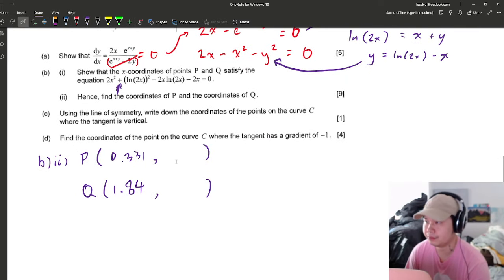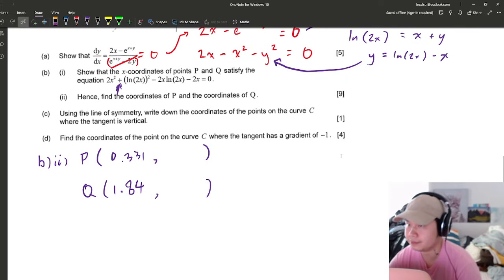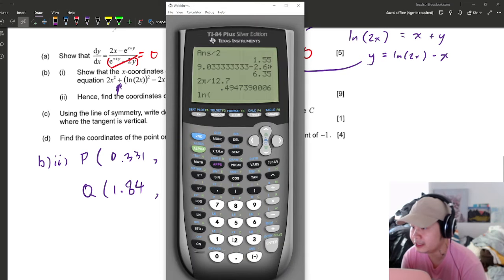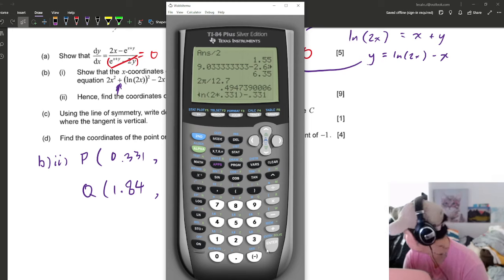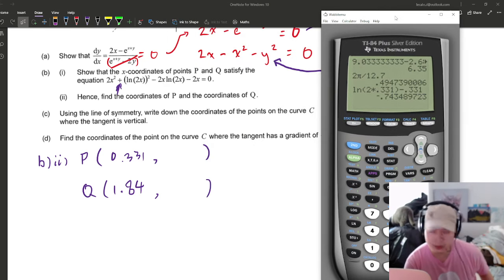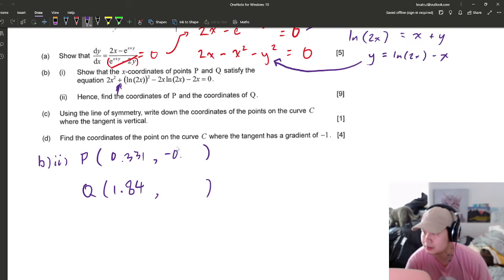But okay, plug those things in. Natural log of 2 times 0.331 minus 0.331. So I got negative 0.743 as a decimal.